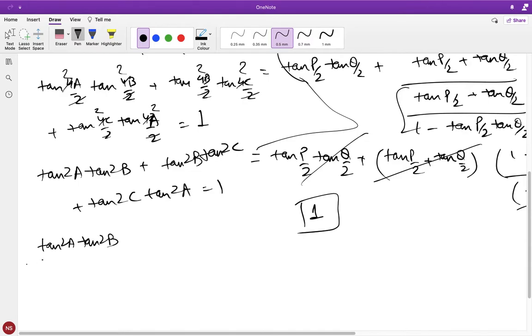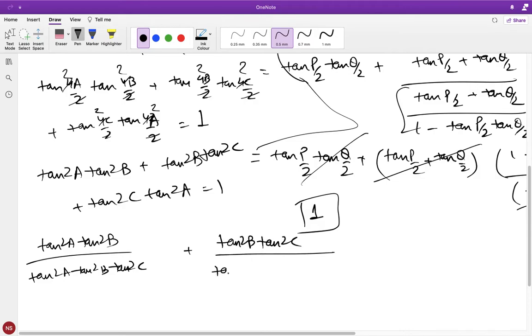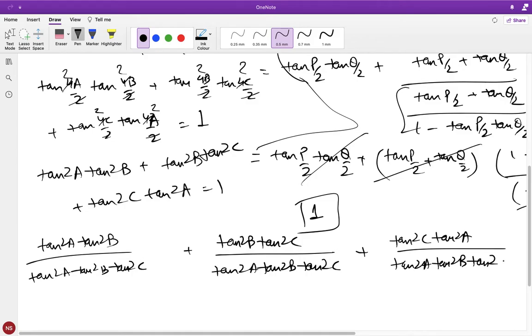It equals 1 by this, so cot 2A, cot 2B, cot 2C.